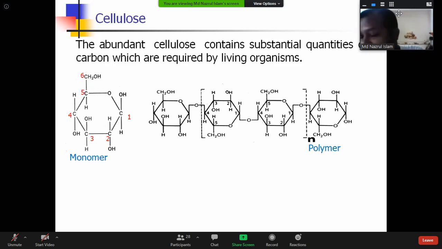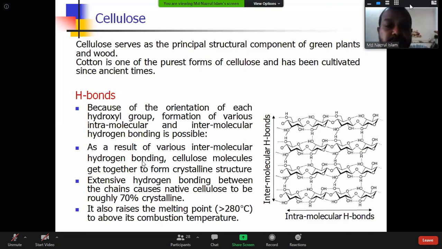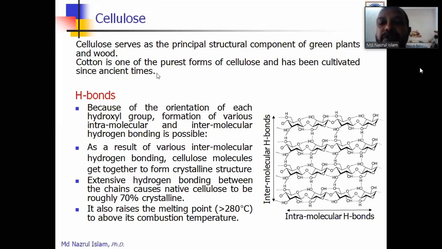Cellulose is not only makes wood, it is also good food for all animals and microbes. In cellulose, you will mostly see hydrogen bonds, and also in hemicellulose and lignin. In the figure, some bonds are within a chain, the intramolecular hydrogen bonds, and some are between two cellulose chains, the intermolecular hydrogen bonds.